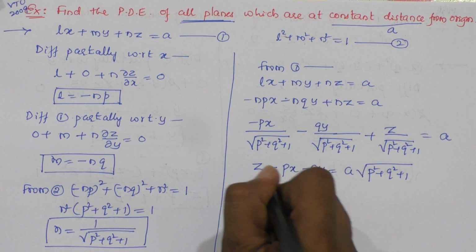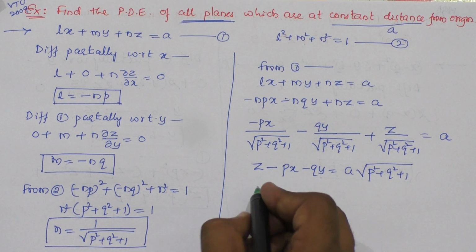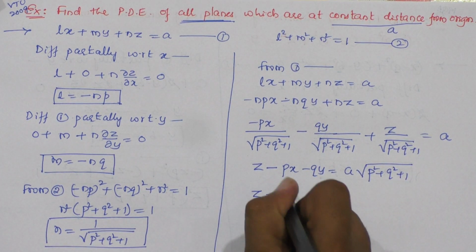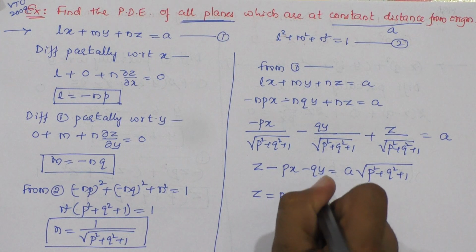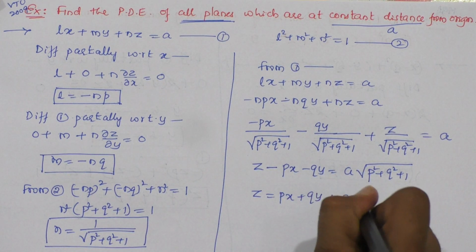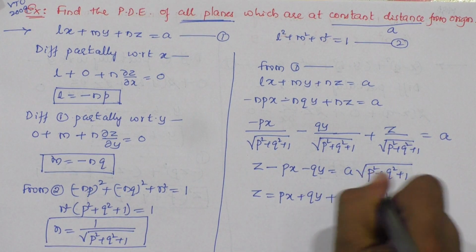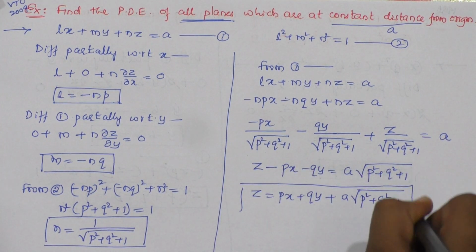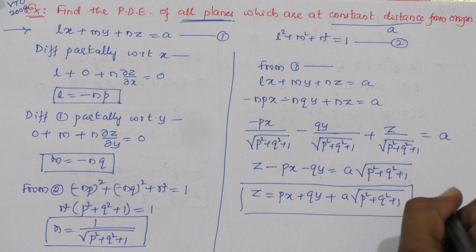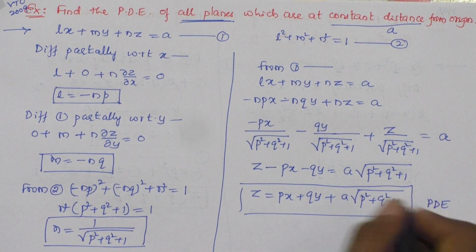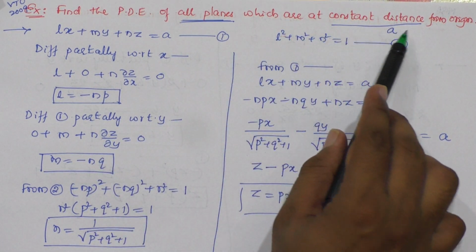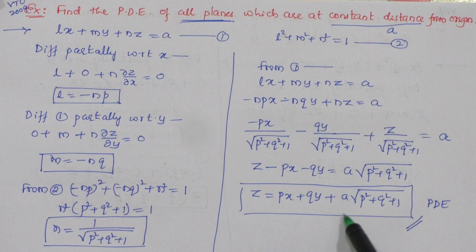Transferring further, z equals px plus qy plus a into square root of p square plus q square plus 1. So this is the PDE for all planes which are at a constant distance from the origin and which do not have the arbitrary constants L, M, N.